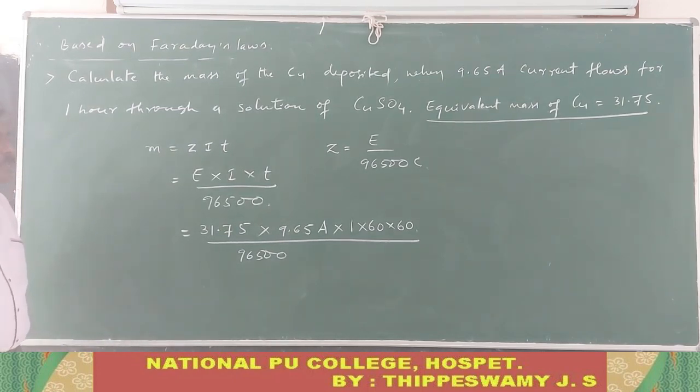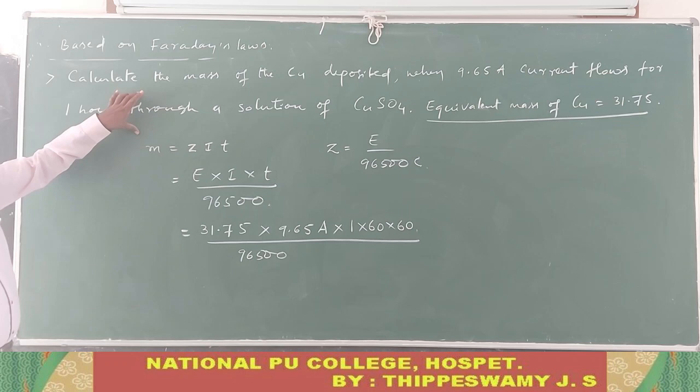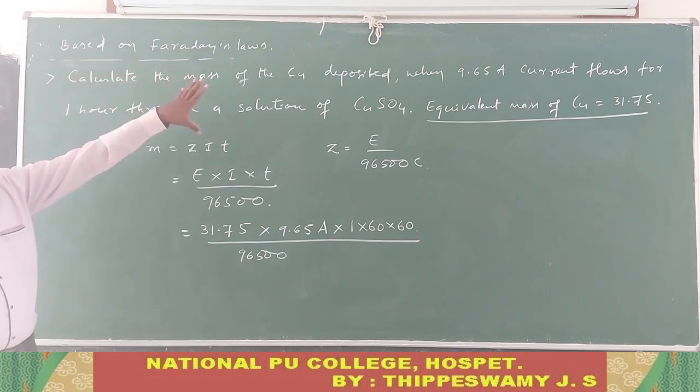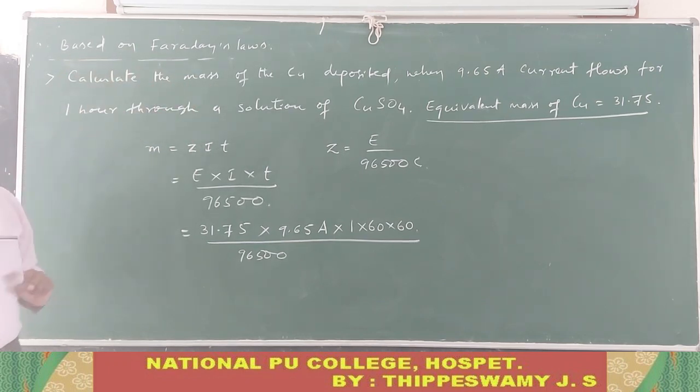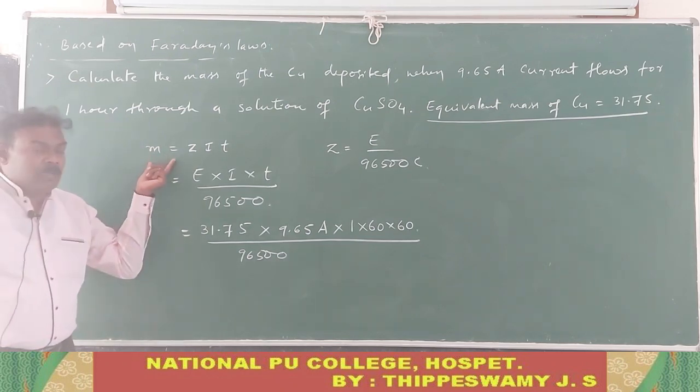Whenever you solve a numerical, first of all you have to read the question carefully, meaning what data is given and what is asked. Based on the question asked and the data given, we can solve. First you have to apply the formula, and for writing the formula there will be 1 mark.